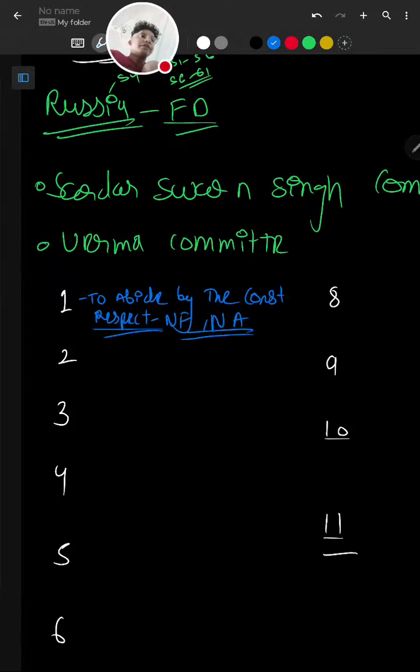This is your first fundamental duty, and this is your civil duty too. The civil duties are only applicable to citizens of India, which is in Part Two, right? So only citizens of India are bound by this fundamental duty.